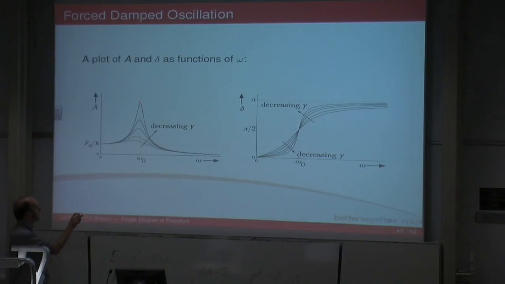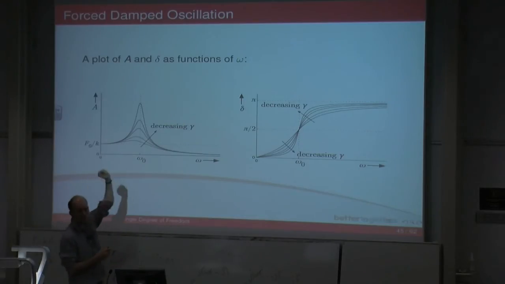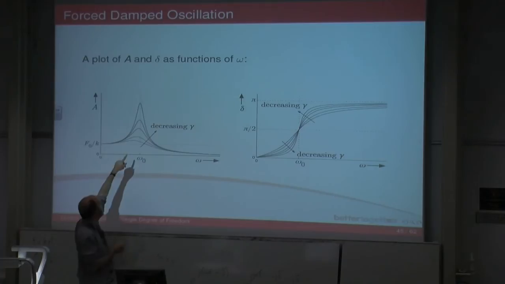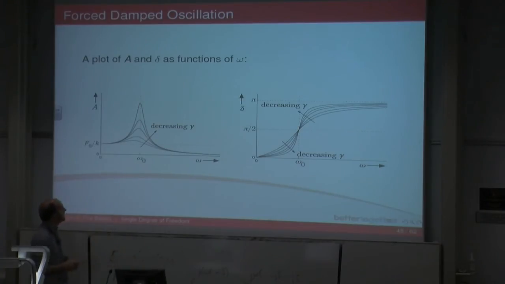If gamma is small, you go up here. If gamma is big, you come down. If you recall back to when we were looking at the free forced oscillation, you remember at this point, it went up to infinity. Well, gamma has just brought that limit down from infinity to some point over here. Then, obviously, as you go past the resonant frequency, the amplitude dies down and eventually will hit 0.